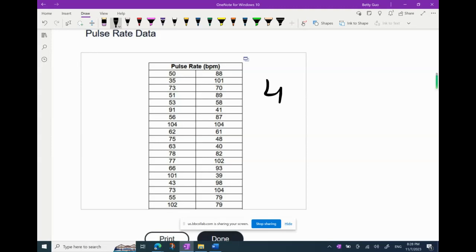Finally, half done. Continue. By the way, this is one list, not two. Just keep it in list one. Keep going. 88.